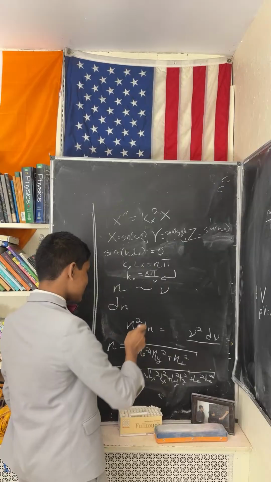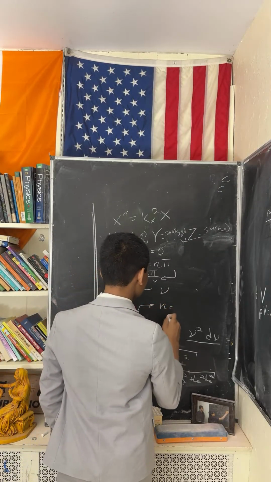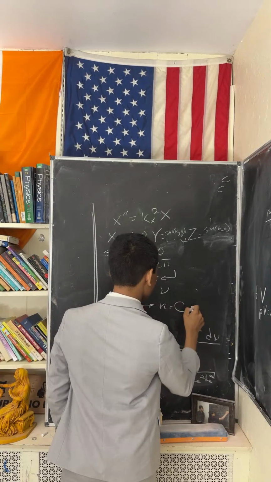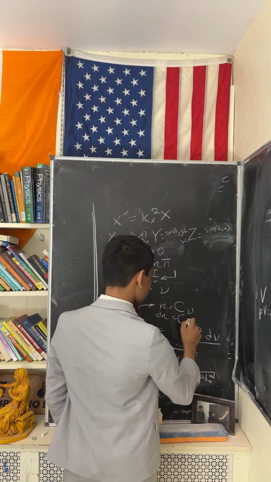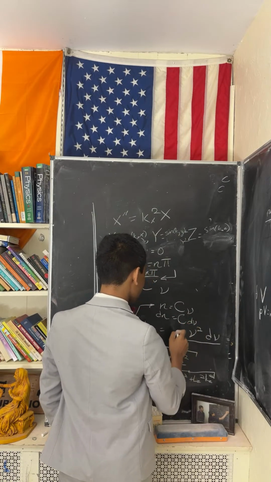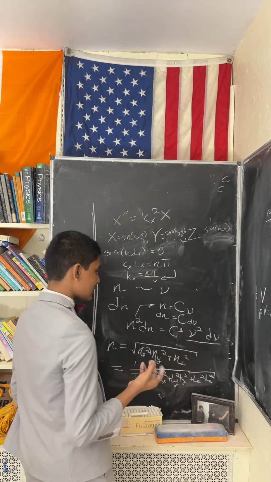And what are the constants going to be? Well, consider that if n is equal to some constant multiplied by nu, dn is just equal to the same constant, dnu. So, this is just going to be that constant cubed. And what is that constant actually?